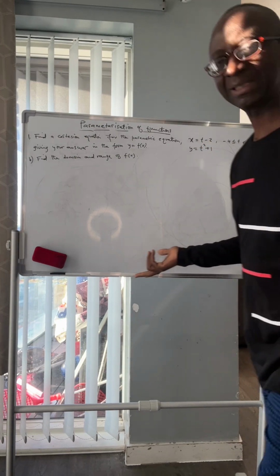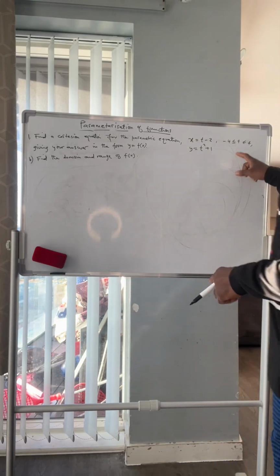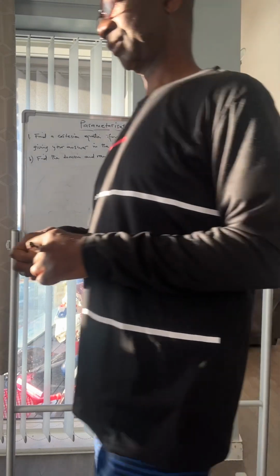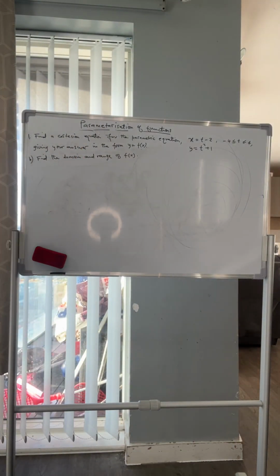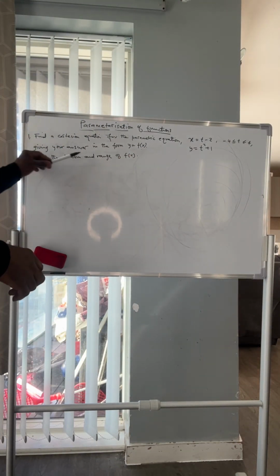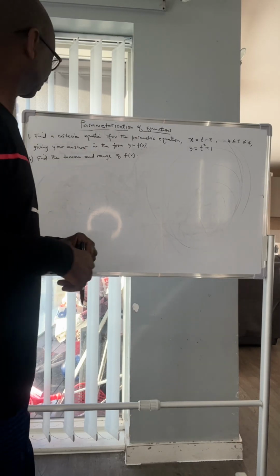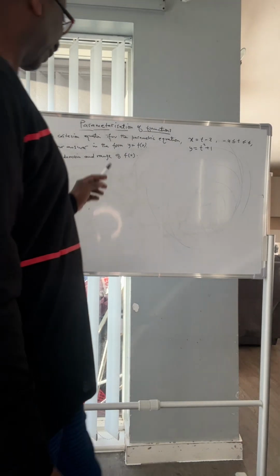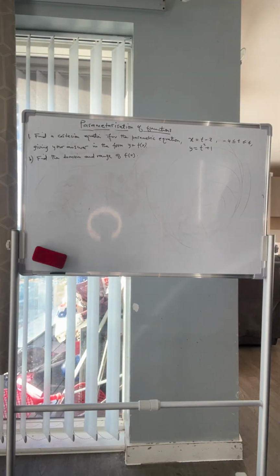T could be seconds, it's the time, between minus 4 and 4. So let's see. And we are asked to give our answer in the form y equals f of x. Then part B says find the domain and range of that function f of x.